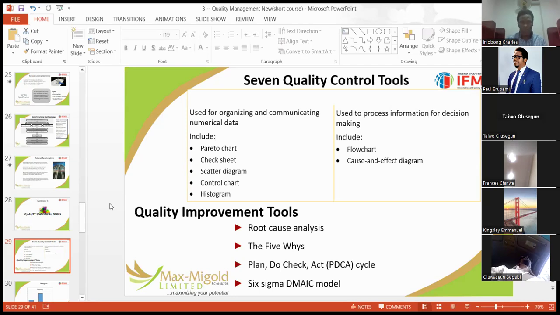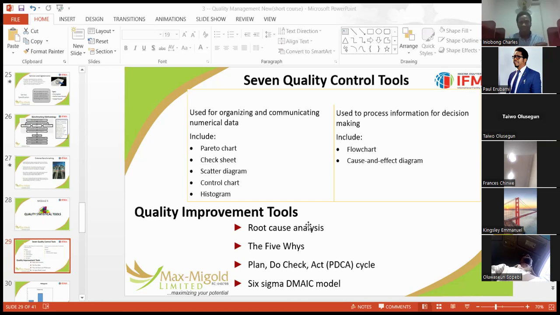For example, you have the Pareto chart, the check sheet, the scatter diagram, the control chart, the histogram, the flow chart, and the cause and effect diagram. So these are quality control tools that you can use to do your work.